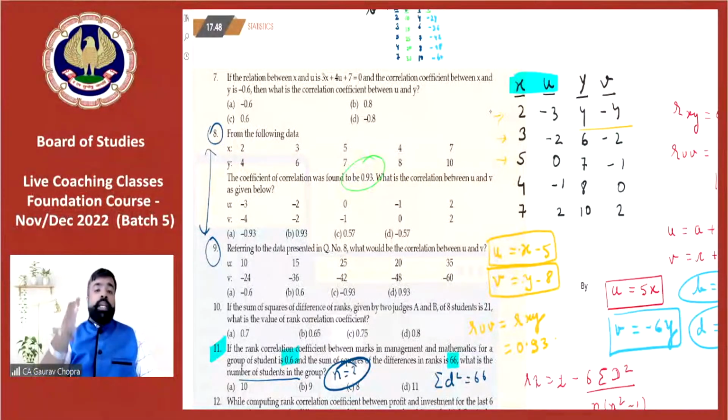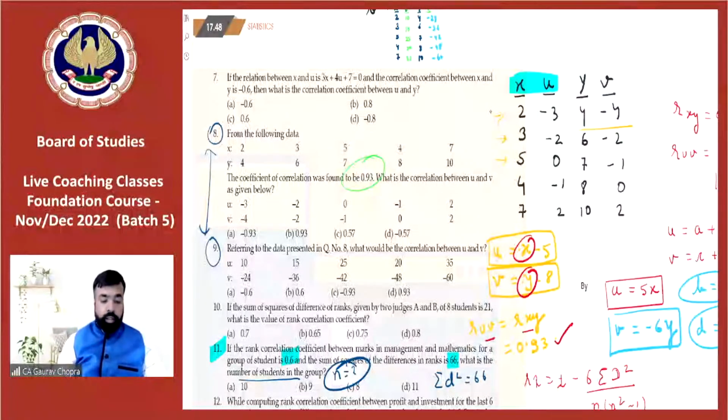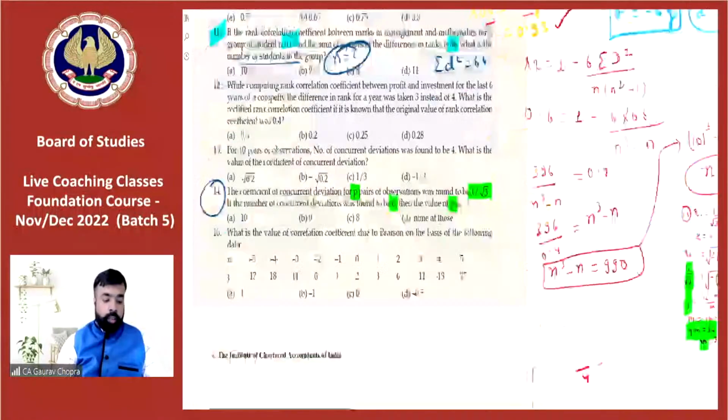So if the coefficients of X and Y both have the same sign, then RUV and RXY both will have the same sign. Okay. So this is also done now.